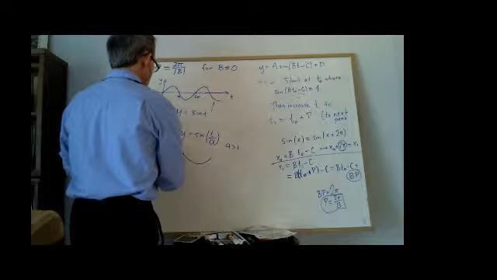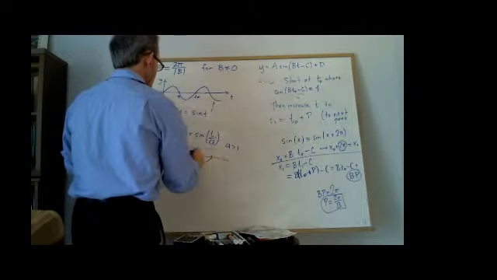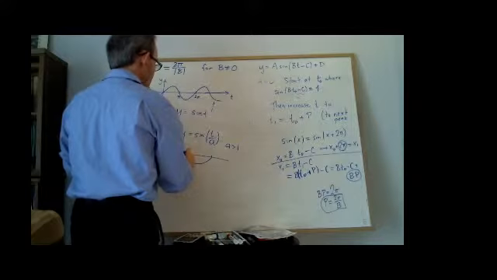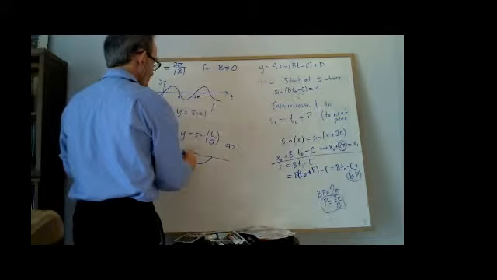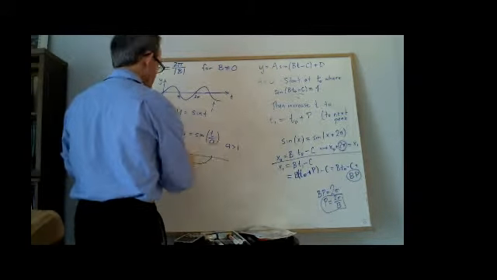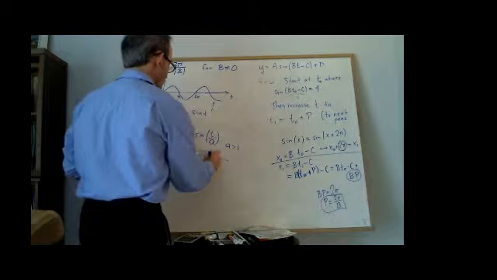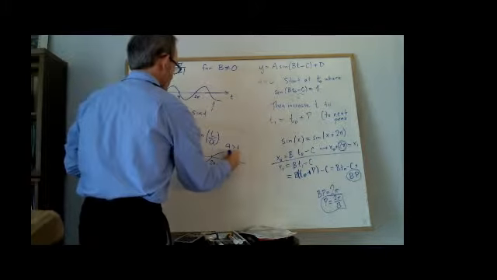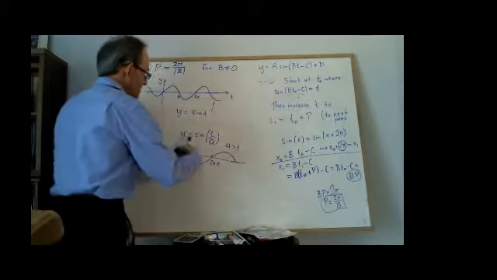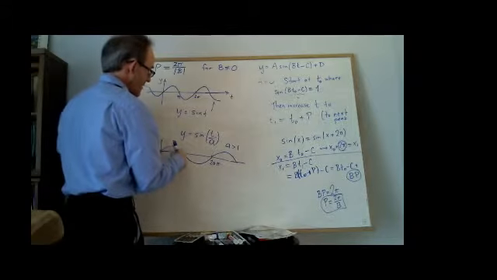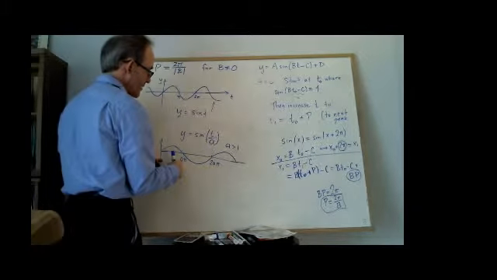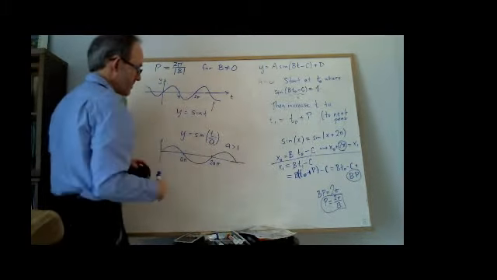So this would be not pi, but something bigger than pi. The actual answer would be a times pi, and this would be 2a times pi. So it gets stretched from here to something bigger than pi, namely a times pi. a is bigger than 1.